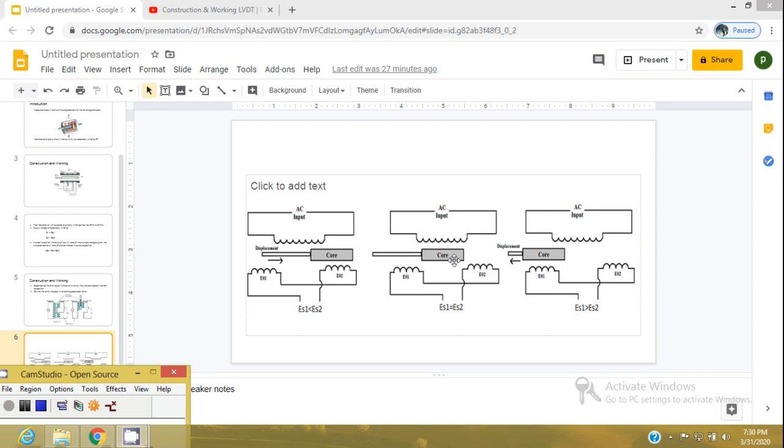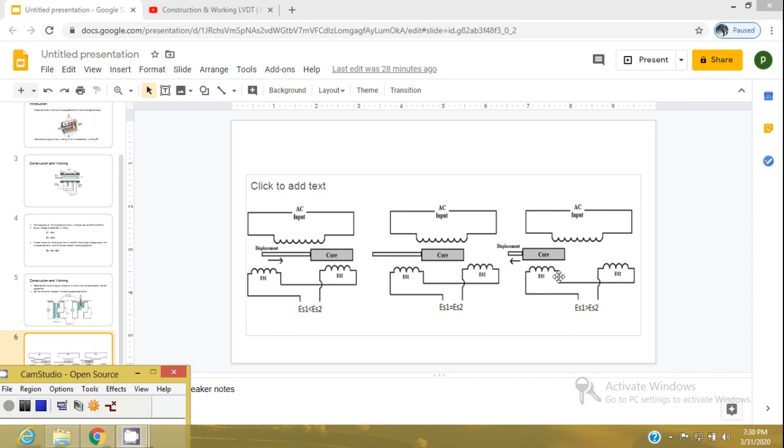When the core is in null position or center position, the voltage induced in the primary winding and the flux linkage through the secondary winding will be shared equally, so S1 equals S2, so the EMF induced in secondary coil 1 is equal to the EMF induced in secondary coil 2.